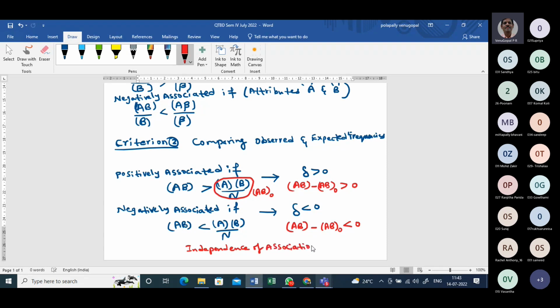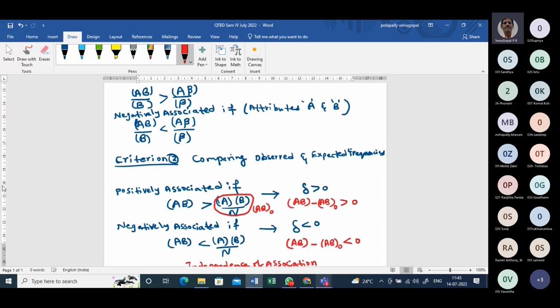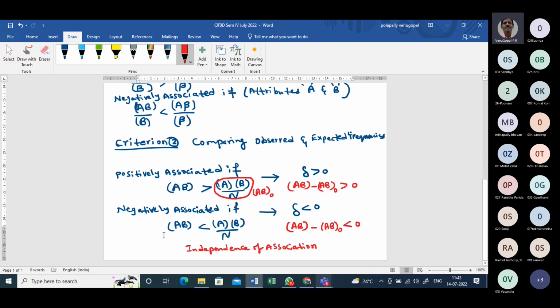When do we call they are independent? Attributes A and B. Oh, my page is over. Huh? One minute.